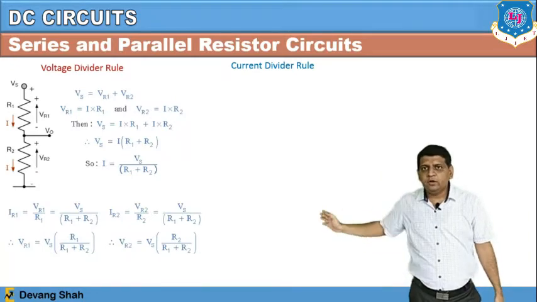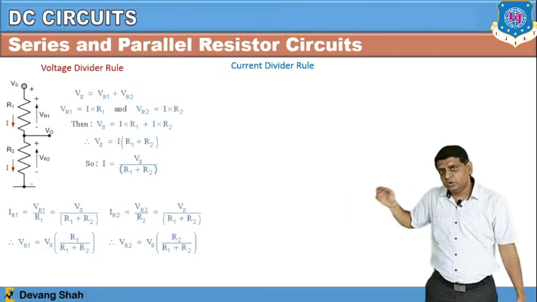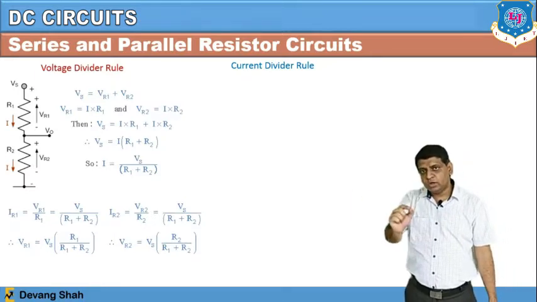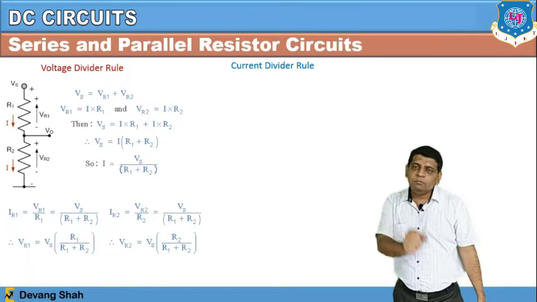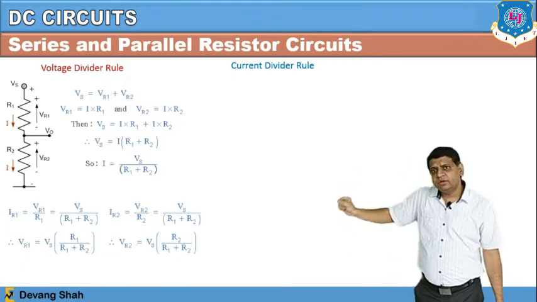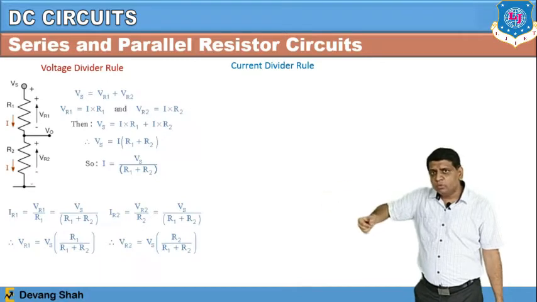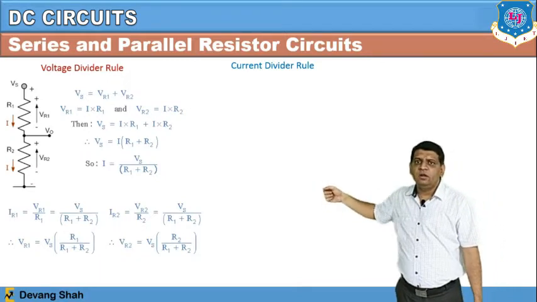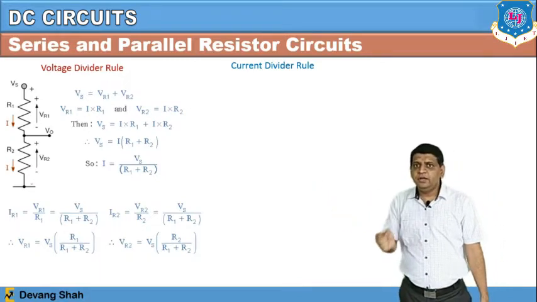Once you combine all these equations, you will find the total VR1, which is the voltage drop across R1, and you apply Ohm's law. So VR1 is nothing but I into R1.